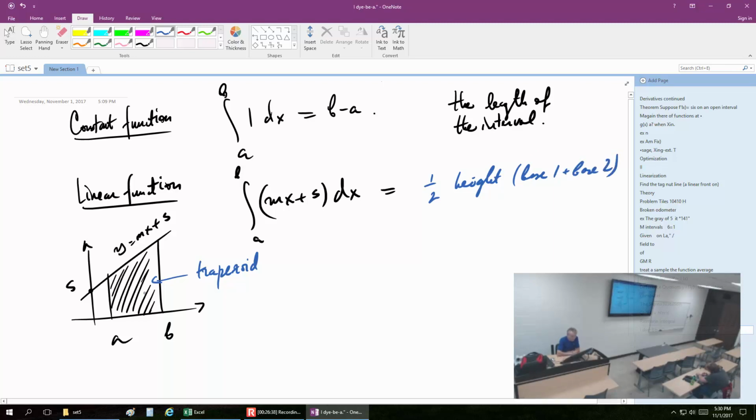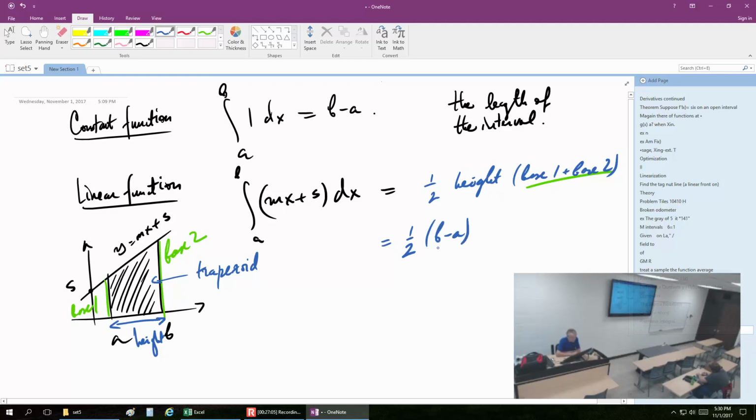Certainly we have to tilt it, because now this is the height, and the other two are the two bases. So this is, say, base 2, and this is base 1. We just read this off the picture. 1/2, the height is b minus a.